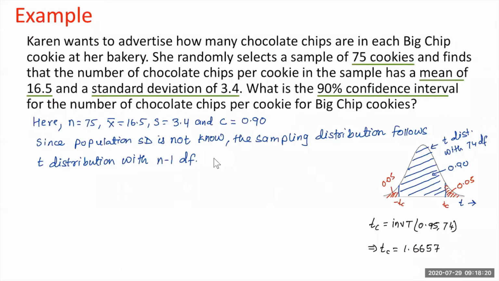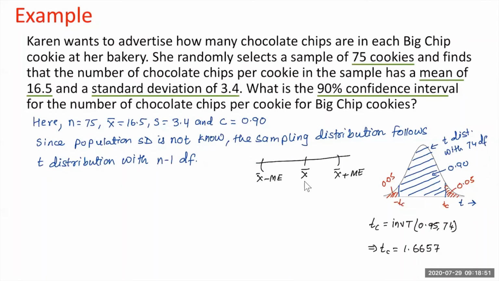Now here we are looking for the confidence interval. If you remember the concept, in a confidence interval we have the point estimate in the middle. In this case, we are talking about the mean, the sample mean. Then we add the margin of error, so it will be x bar plus margin of error, and we subtract on the other side, x bar minus the margin of error.